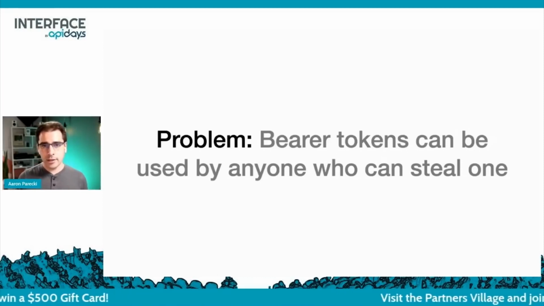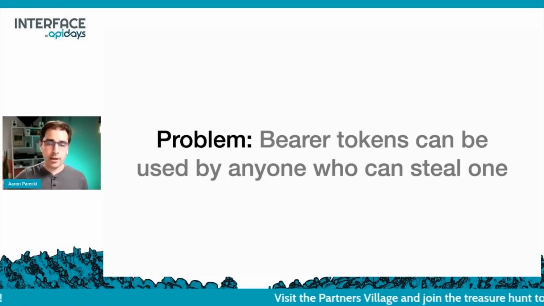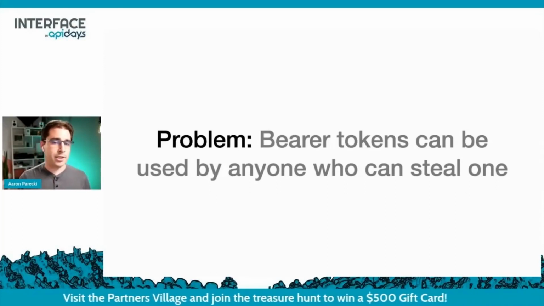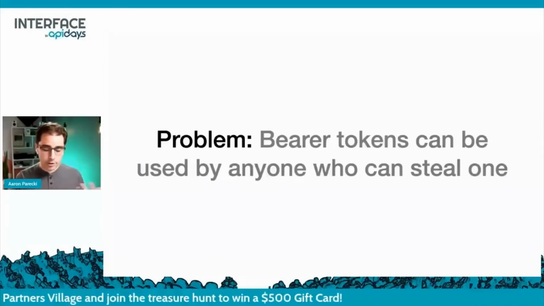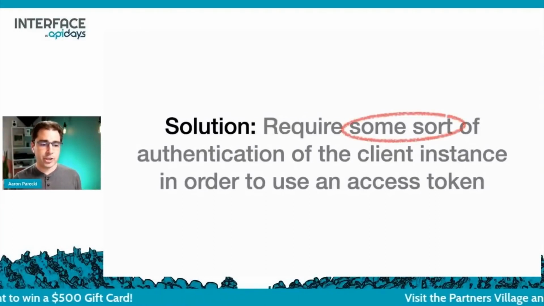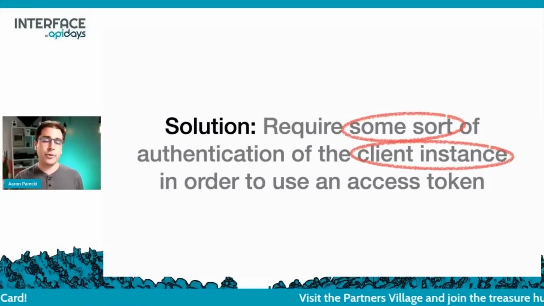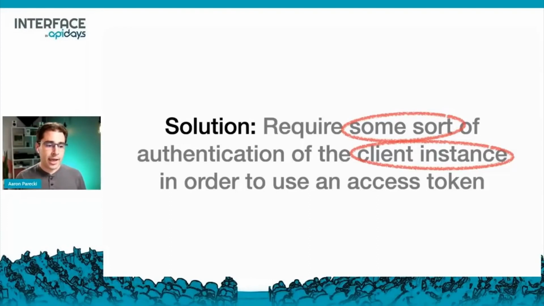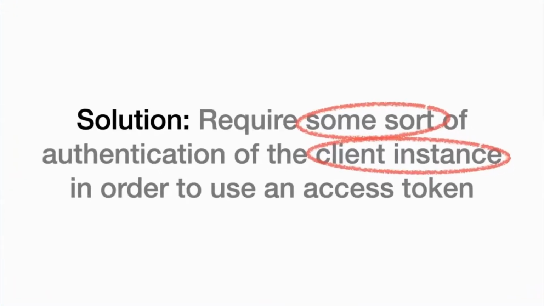If you find a hotel key on the floor, you can pick it up and you can try it on a door, and it might work and it might let you in, even though that key card was not issued to you. So the solution to this is to require some sort of authentication of the client instance, of the software that's actually using the access token, before it can actually use the access token. The details of that authentication and the client instance are things that are being worked out and need to be teased out until there's a good solution for it.